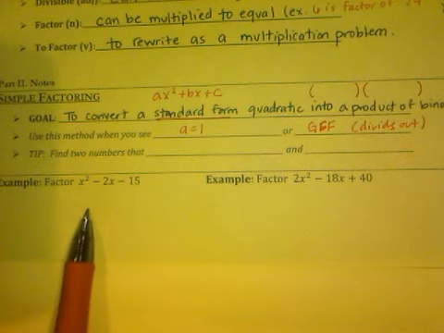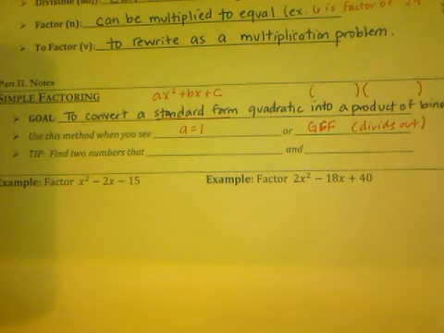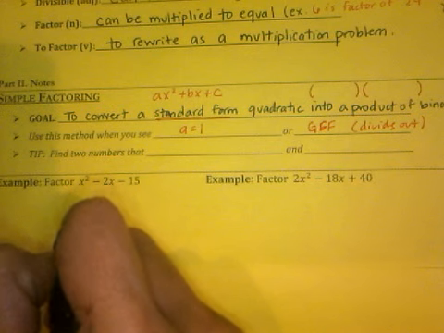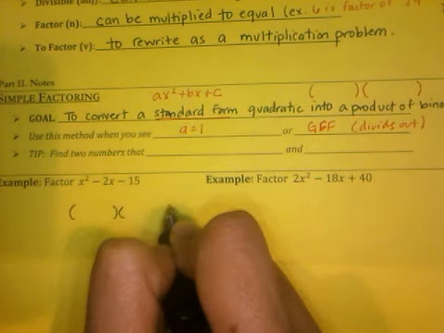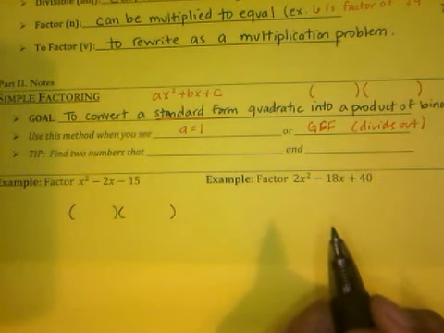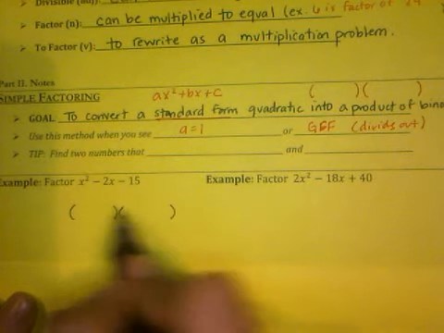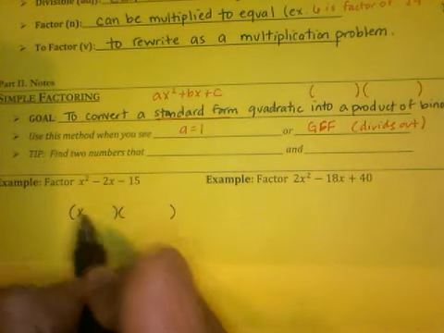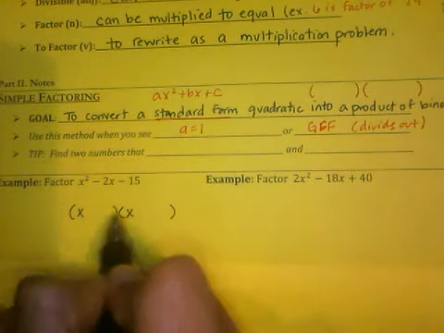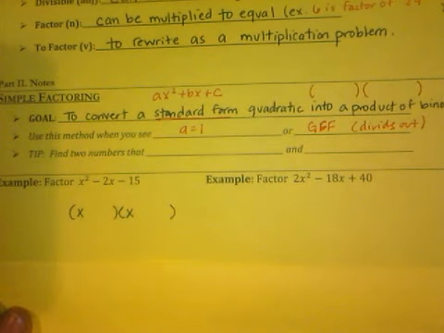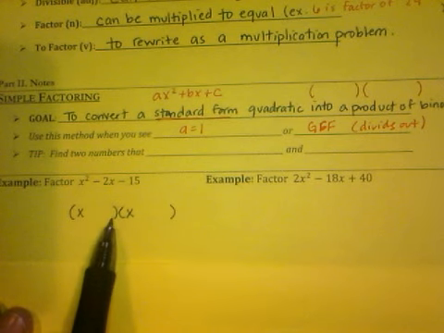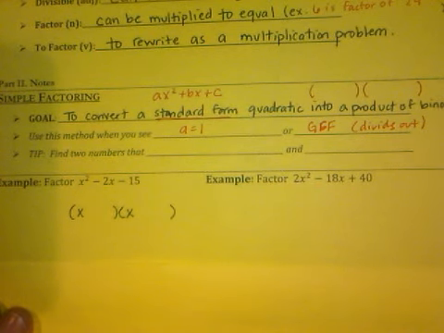So looking at the first example, I know that my answer should look like a set of two parentheses, which will ultimately be binomials. And I also know when I multiply them together, the first term in each binomial is just going to be an x, because x times x will equal x squared as I FOIL it back out. The challenge is to fill in the back, and we have a rule for filling in the back.